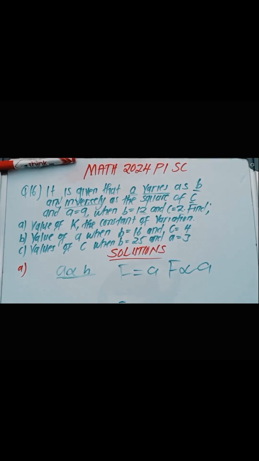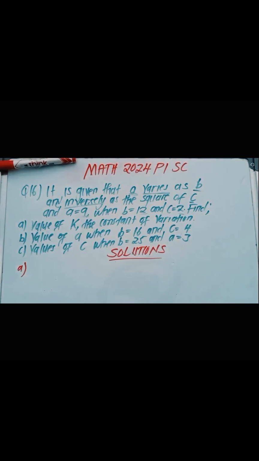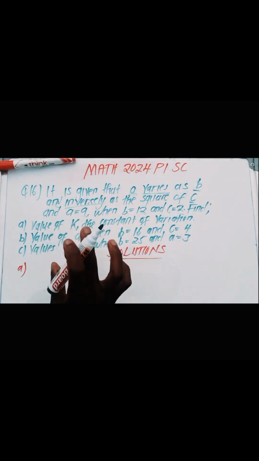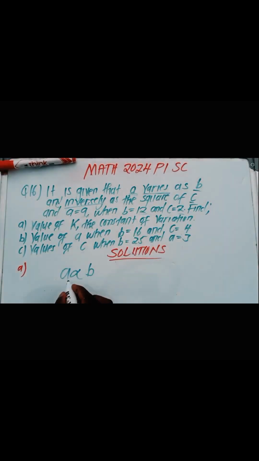What if they say inversely, like in this case where they have said A varies directly as B, which of course we know is this: A varies directly as B. And inversely, now what about inversely? I want you to master how we come up with the formula. When they say varies directly, or just varies, they are telling you to write it in this expression.